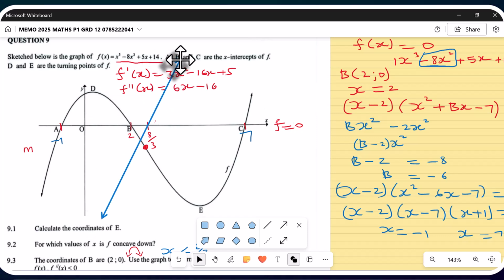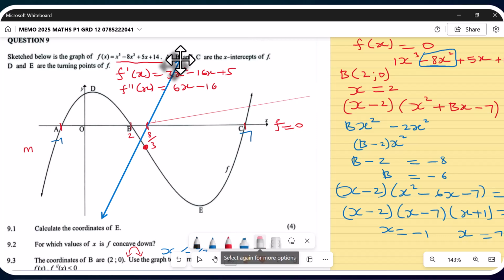From -1 going this way, the function is negative. What about here? Also negative. So negative times negative will give me positive. But remember, the question says we need to find the product which is giving us a negative.